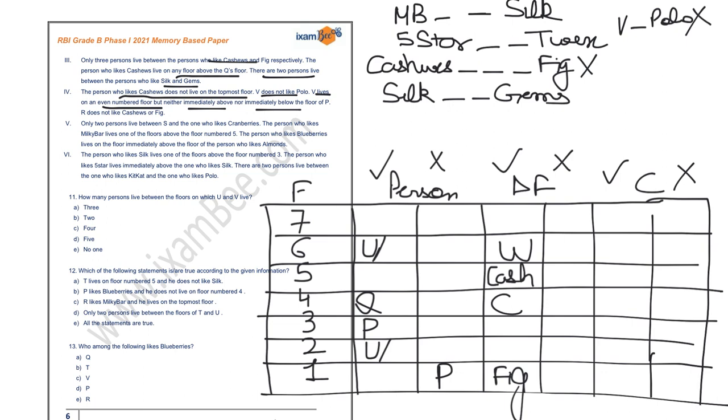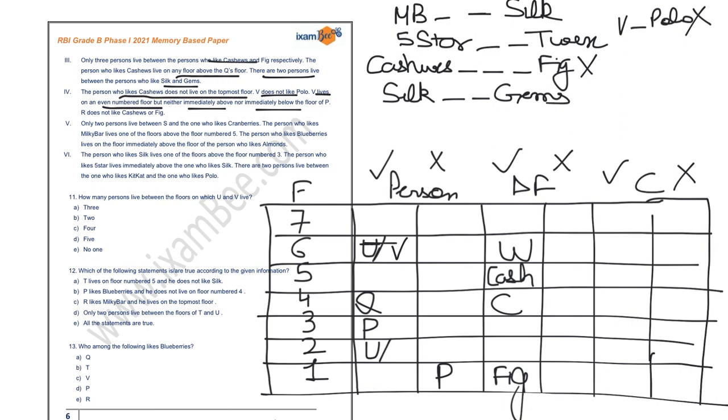So the only possibility for V is at the 6th floor. So I'm crossing U over here because V will live over here and U will live at the 2nd floor, because now we are sure that V is at the 6th floor and U at the 2nd floor.